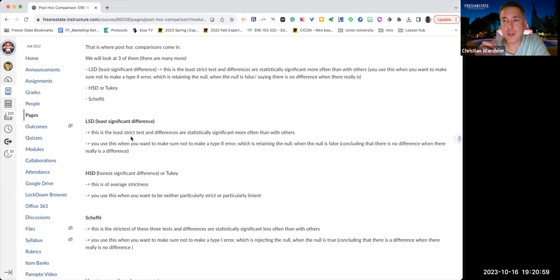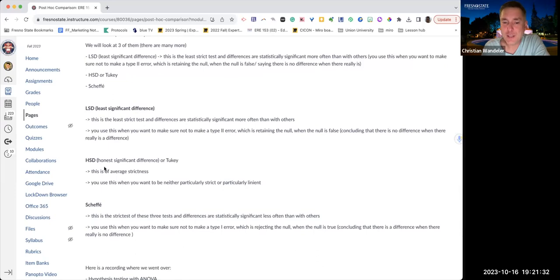So if there is a difference, this test will detect it. You use it when you want to make sure that you do not make the type 2 error. The type 2 error is retaining the null when there's really a difference, right? So that's when you use the LSD.